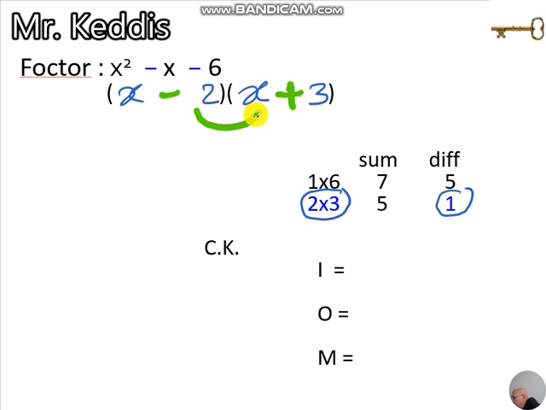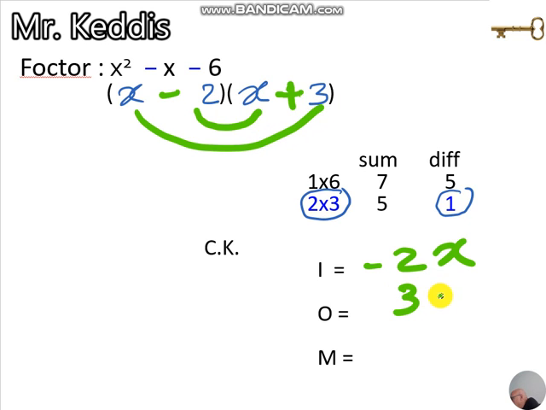This is the inner product, which is negative 2x. This is the outer product, which is positive 3x. When I combine them, because 3 is higher than 2, I take the sign of the higher number, and I get positive x.